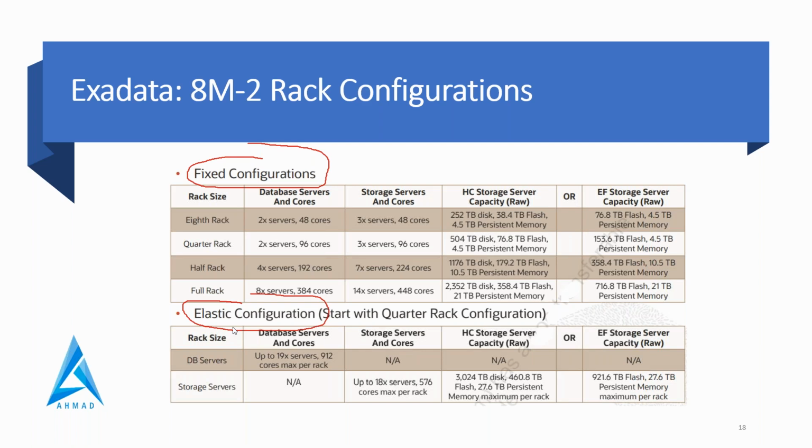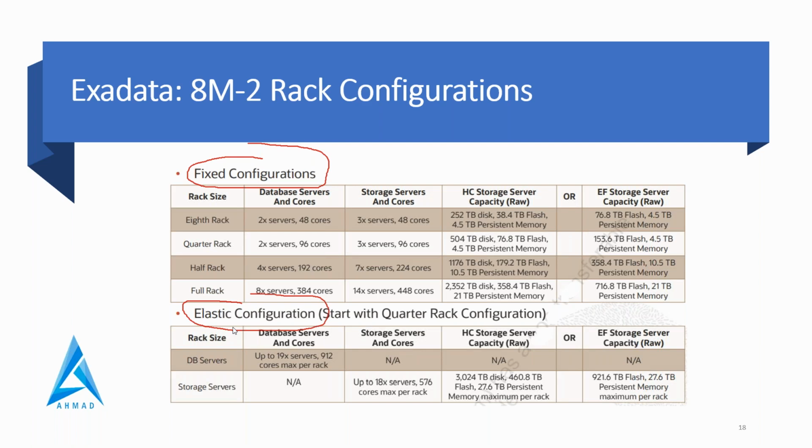The Oracle Exadata database machine is also available in specific configurations such as full rack, half rack, quarter rack, or eighth rack. The starting point for elastic configuration is an Exadata quarter rack, which is mentioned in the slide, which contains 2 database servers and 3 storage servers.